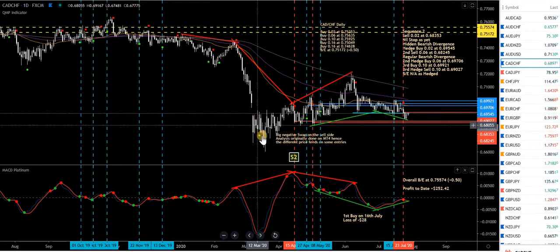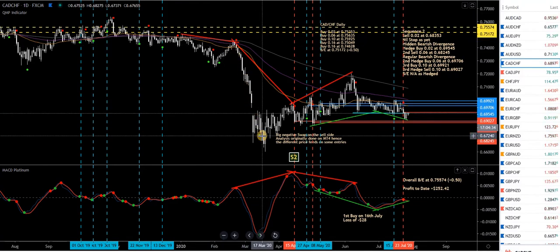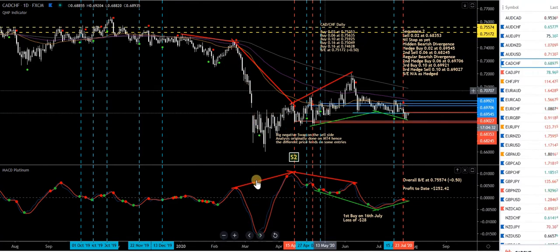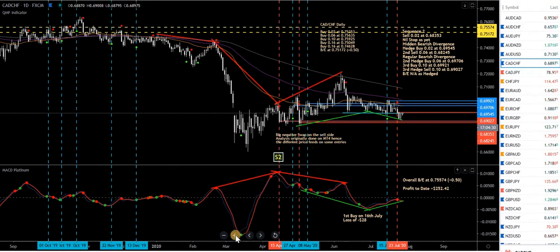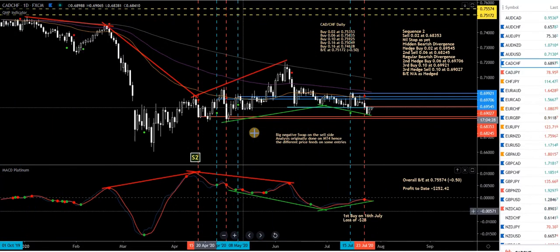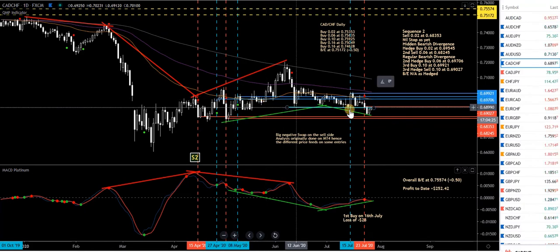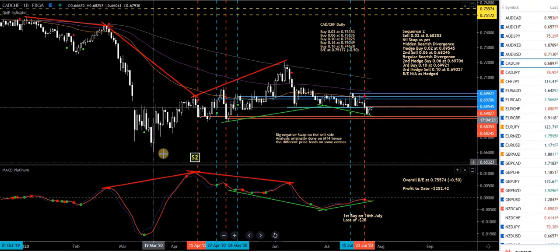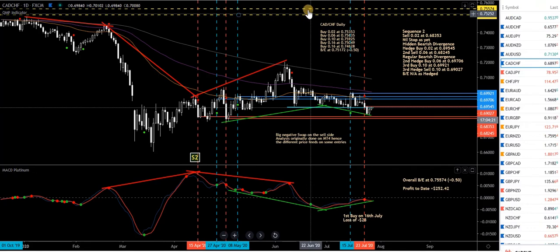Then we had coronavirus, so all the markets moved greatly. In the meantime, I'm working sequence 2 over this side of the chart and trying to add to my overall profit slowly but surely, and hopefully work my way out of these trades up over here.